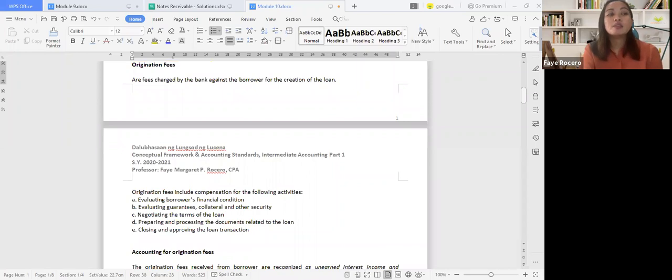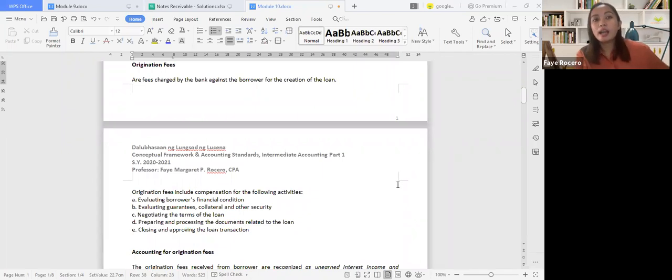What else? Evaluate guarantee, collateral, other security if required for a loan agreement. We also have people who negotiate the terms of the loan and prepare the documents of the loan. So those are what we call origination fees.